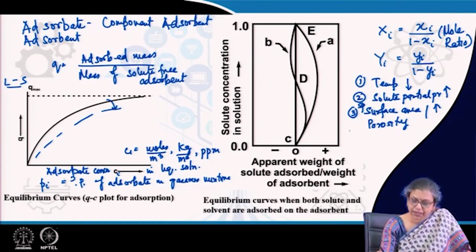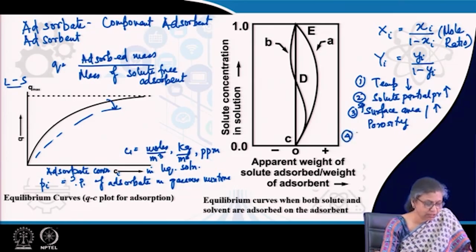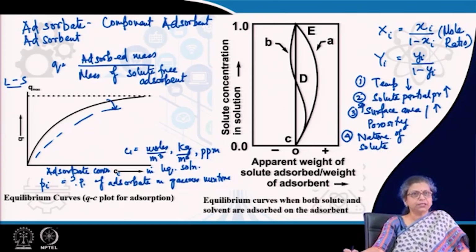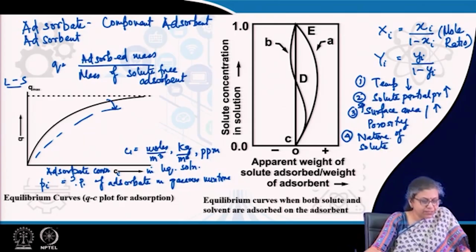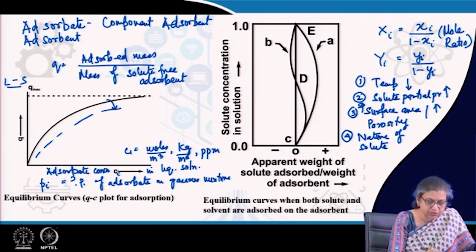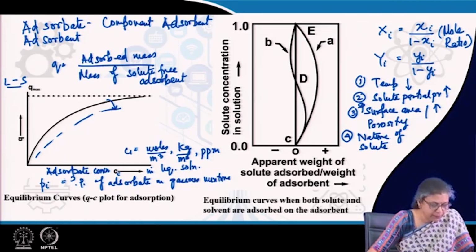The next thing which again influences this particular adsorption curve is the nature of the solute. How does the nature of the solute influence this adsorption curve, if you can tell me?